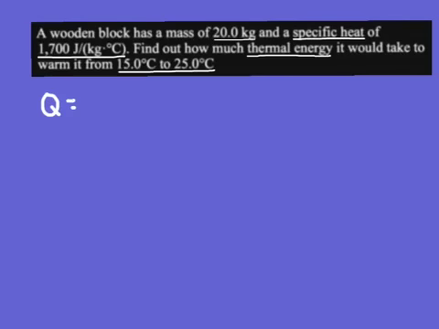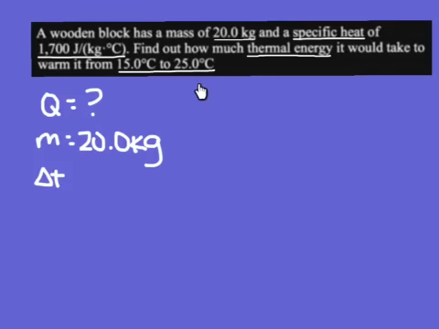Q, which is the thermal energy, we don't know yet. M, which is the mass, is 20.0 kg, or just 20. The temperature change is these two numbers, but you subtract them. As it says here, it takes to warm it. If it says warm, then you should get a positive number.